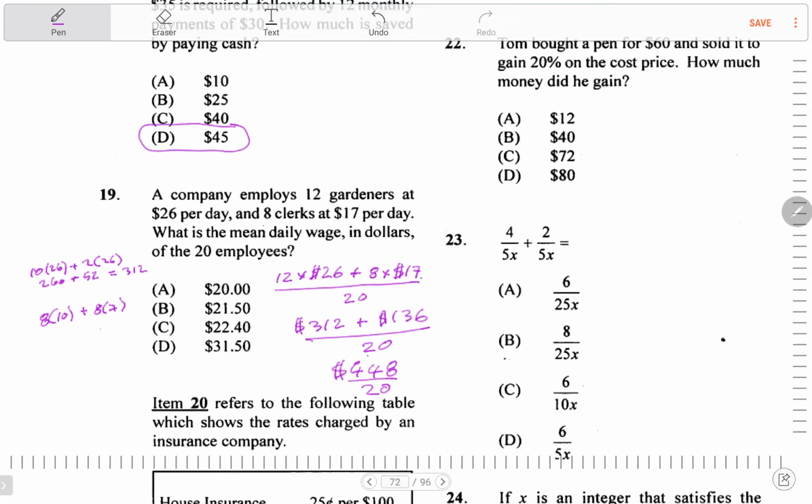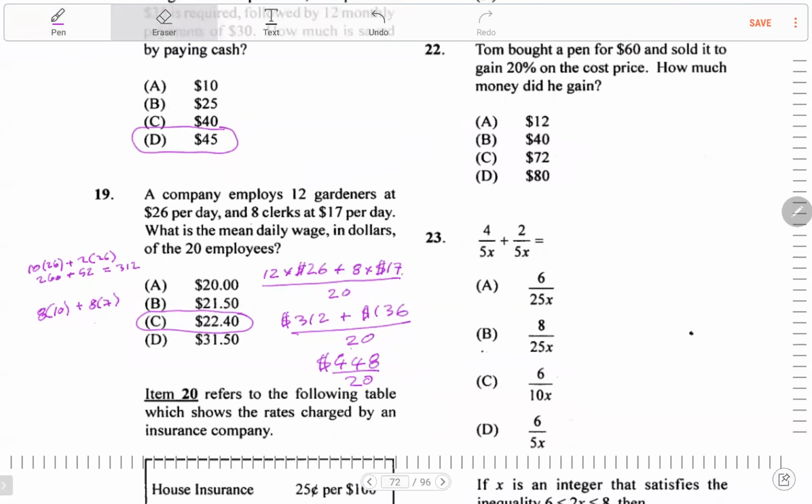And so you divide them by 2. I move the decimal point first and then divide by 2. So you get $22.40. $22.40 is the answer. All right, and that's that.